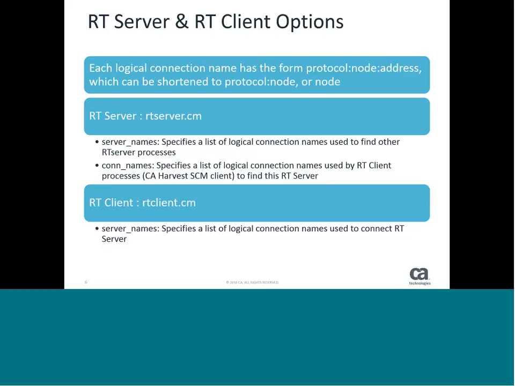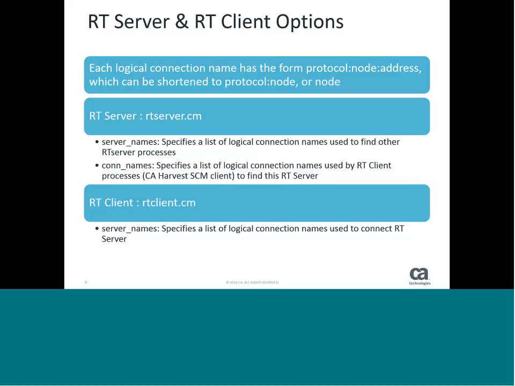As we have a configuration file for RT server, we also have a configuration file for RT clients, which is called rtclient.cm. This file will be present in the RT home standard folder. Like the RTSERVER.cm file had a lot of configuration parameters, rtclient.cm will also have some configuration parameters. For simplicity, I have mentioned only one parameter over here, that is known as server names.